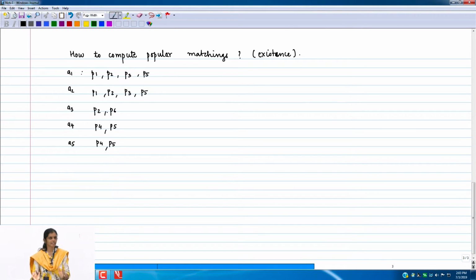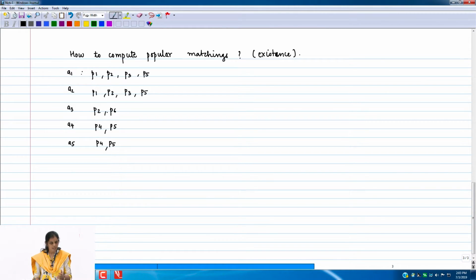Maybe this is the example that is given to us. There are 6 posts and just 5 applicants, but that doesn't matter, as we know. I could have had many more posts in another example, but still that instance will not admit a popular matching if the initial preferences look like that, right?